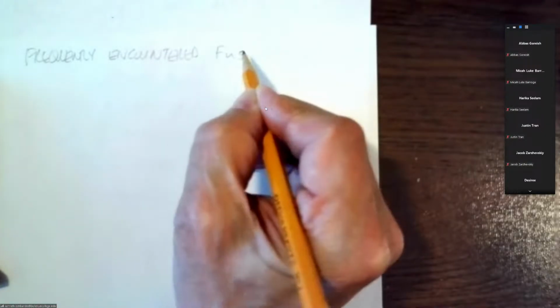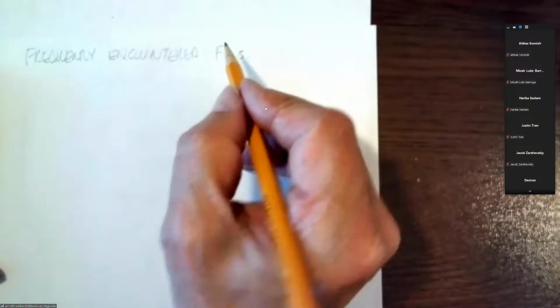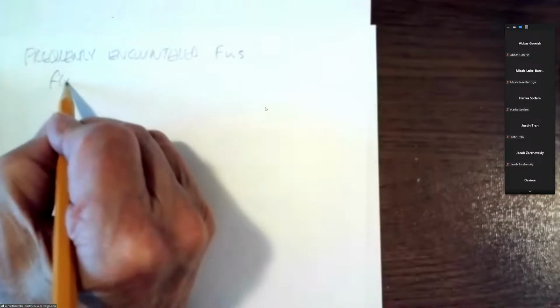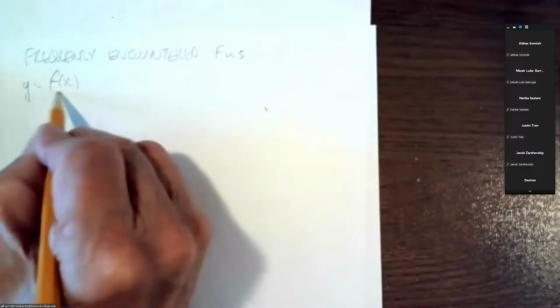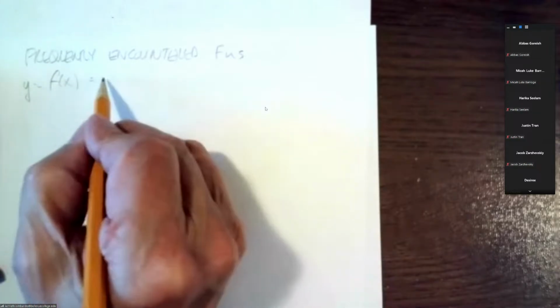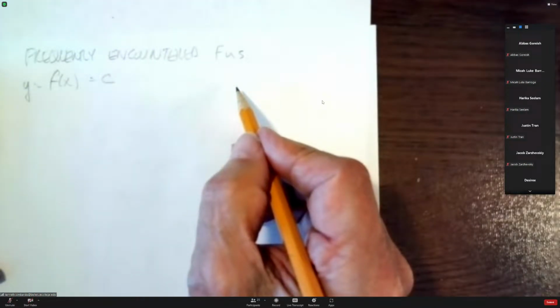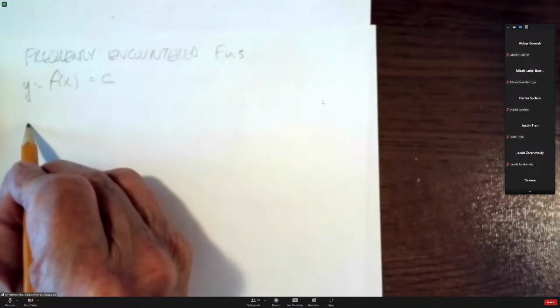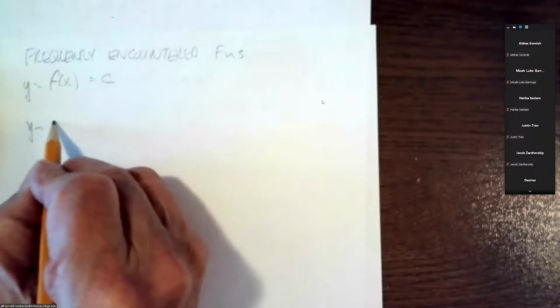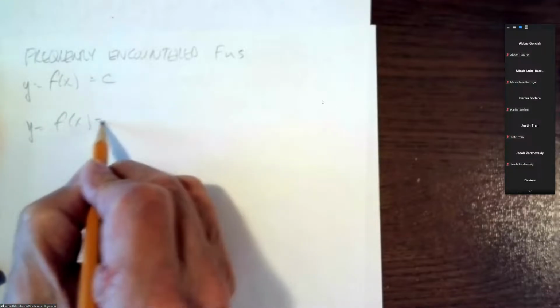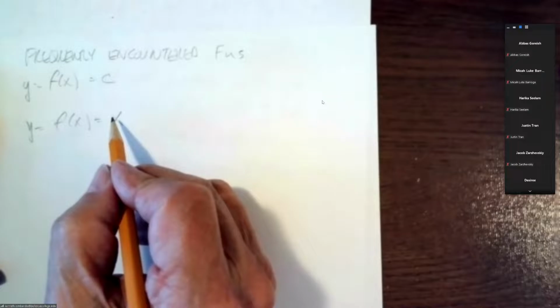Frequently encountered functions. We might have y equals f of x, where f of x equals a constant as shown earlier. We might have y equals f of x and maybe it equals x.